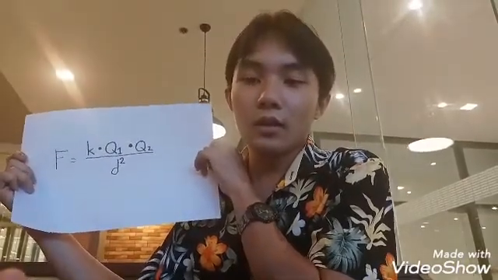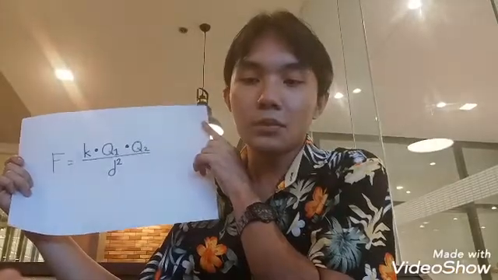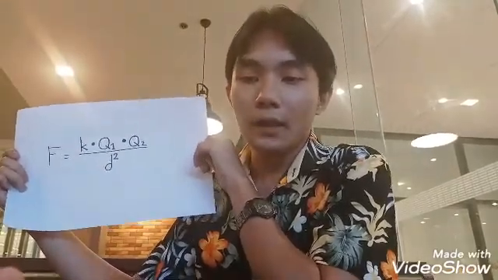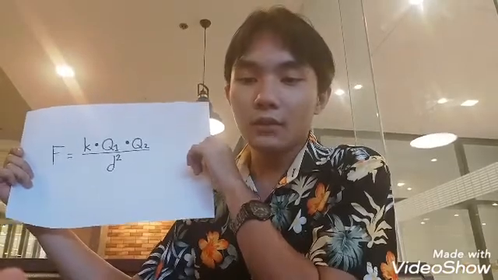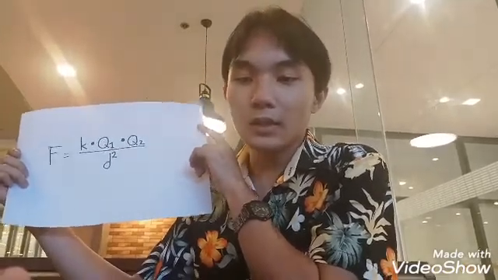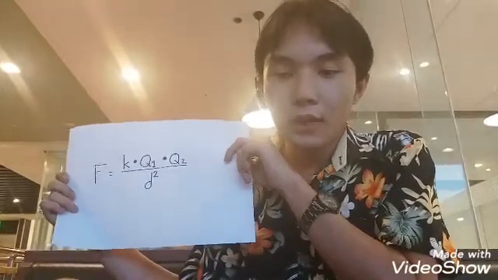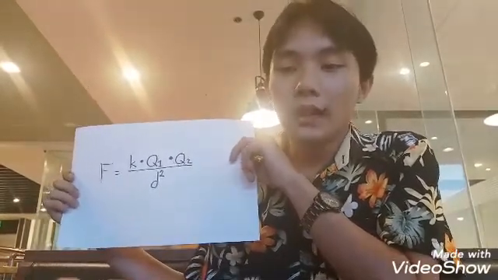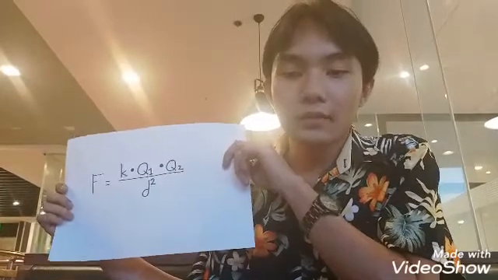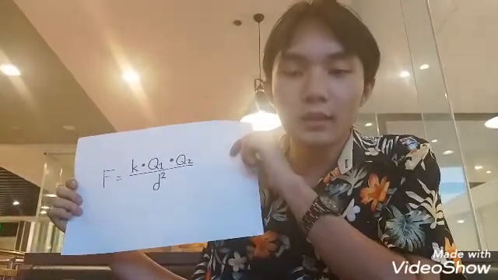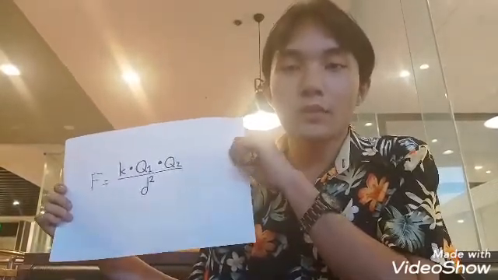The value of this constant is dependent upon the medium that the charged objects are immersed in. In the case of air, the value is approximately 9.0 times 10 to the power of 9 N times m squared over C squared.